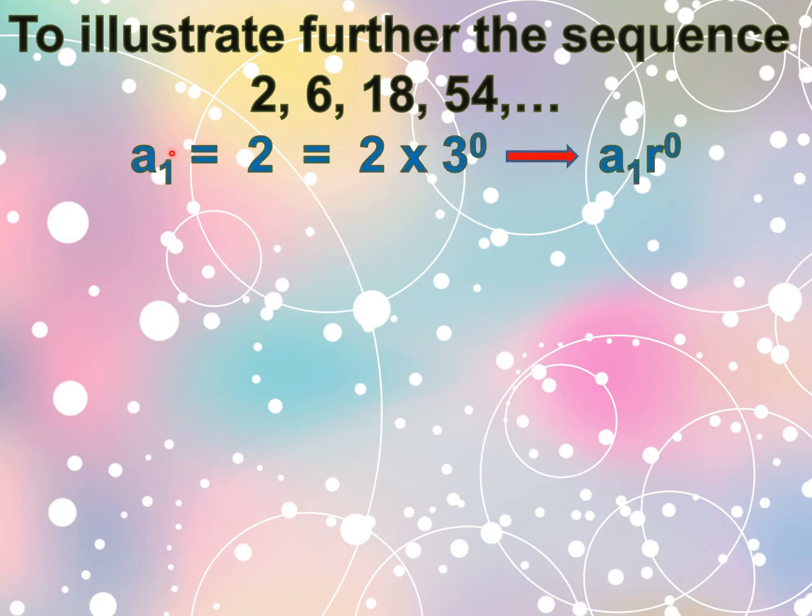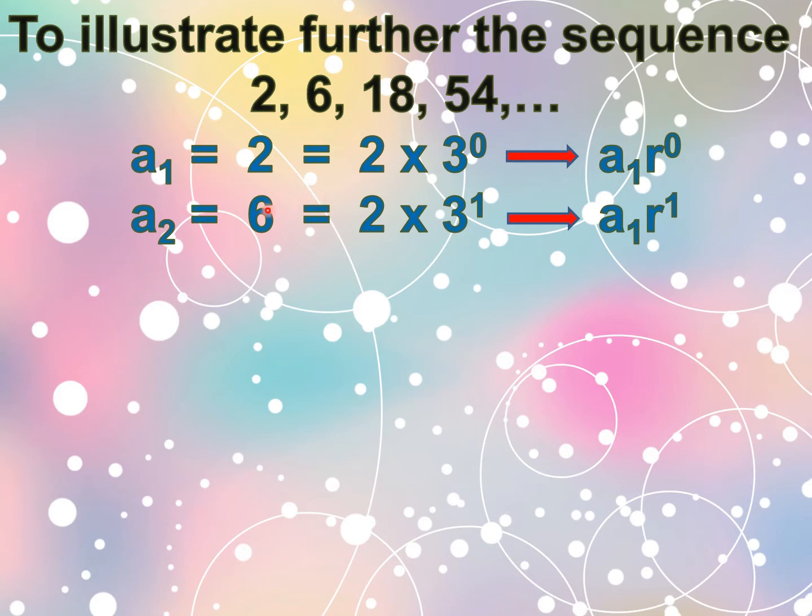Sa first term na 2, iti-times natin siya sa common ratio na 3, pero ang exponent niya ay 0. Parang baliwala lang din siya kasi 3 raised to 0 is equal to 1. Kaya 2 times 1 is equal to 2. Yung a sub 2 naman, na 6, ay nag-times lang tayo ng r, which is 3 raised to 1. Isa lang yung exponent niya, kaya 2 times 3 is equal to 6.